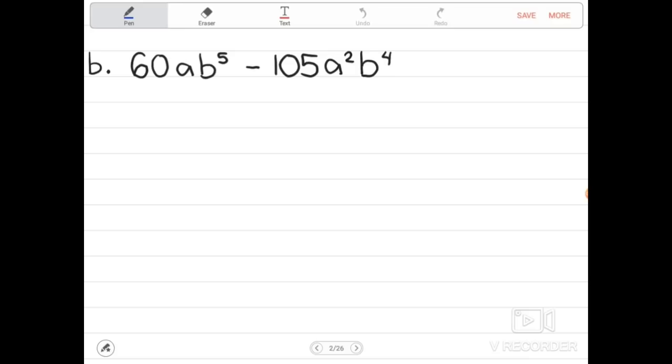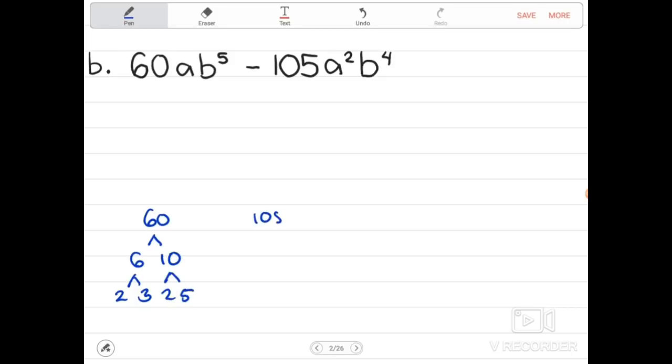Letter B. So we have 60a b raised to 5 minus 105a squared b raised to 4. So first step is we are going to get the prime factors of 60 and 105. So 60, let us try. That is 6 times 10. Then 2 times 3, 2 times 5.